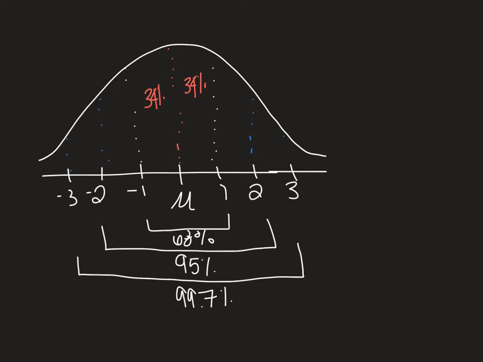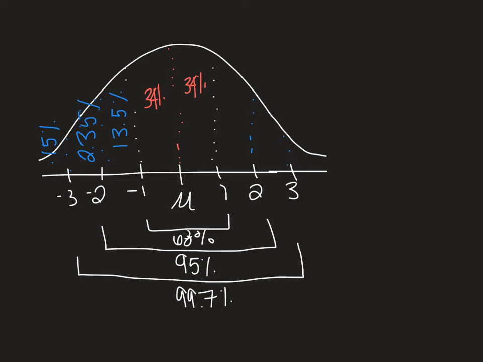So if you go back to your notes, you should see where I have this all filled out for you. So we have 13.5% here, and 2.35% here, and 0.15% here.